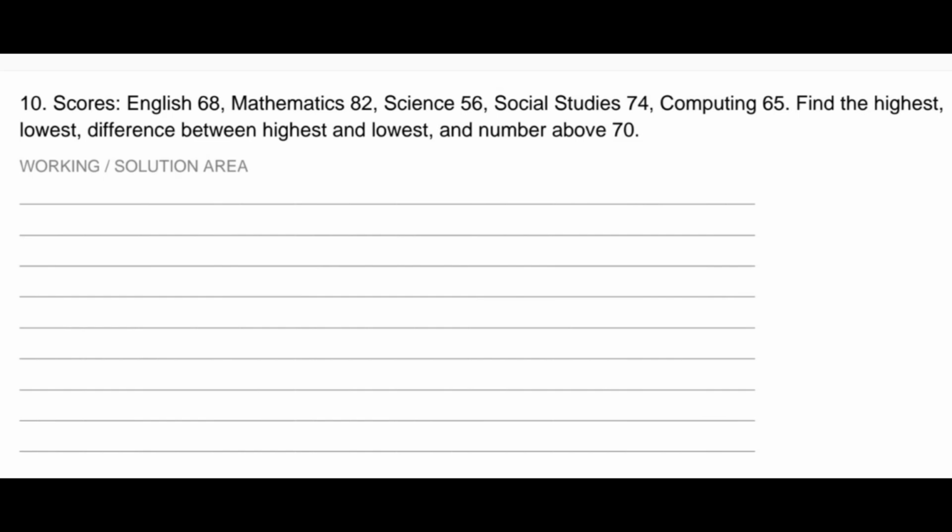Number 10, scores. English 68, mathematics 82, science 56, social studies 74, computing 65. Find the highest, lowest, difference between highest and lowest, and number above 70. So we've been given certain scores for certain subjects. We are told that English, the score is 68.